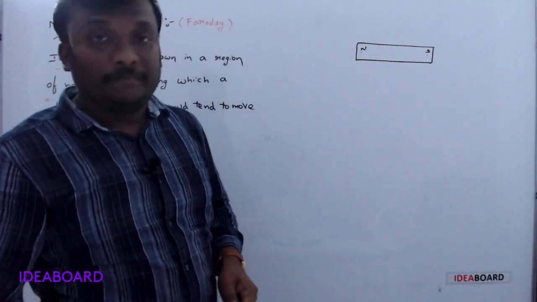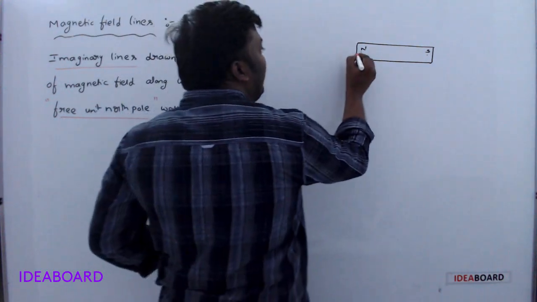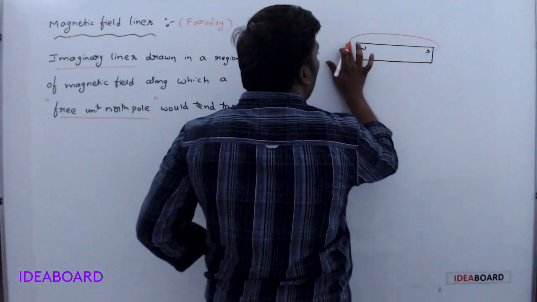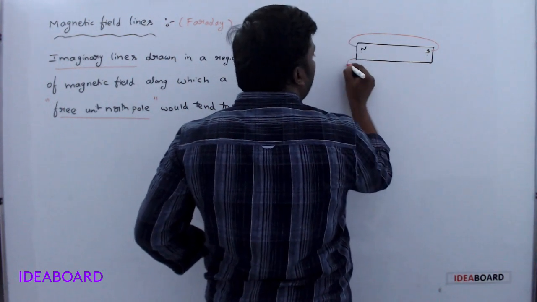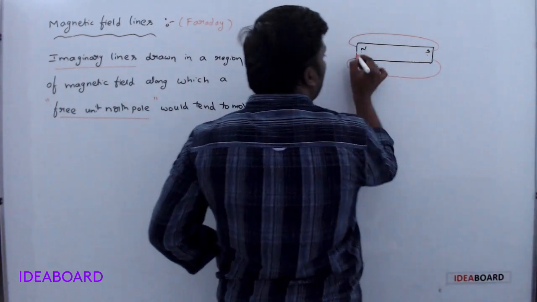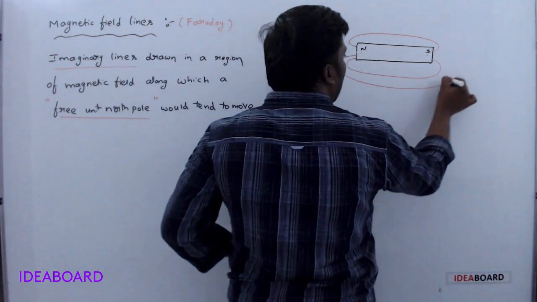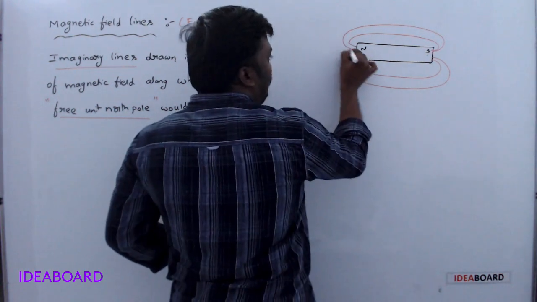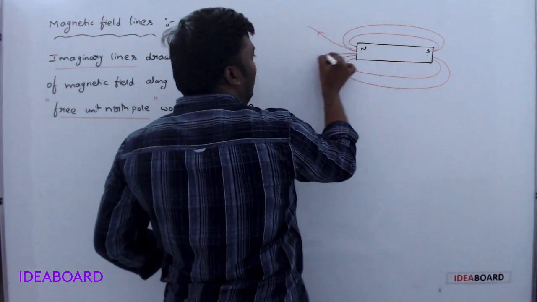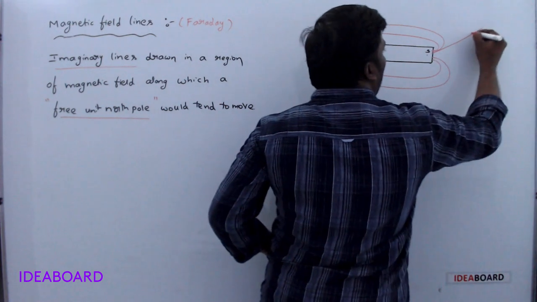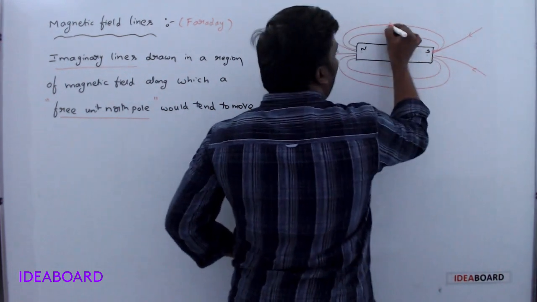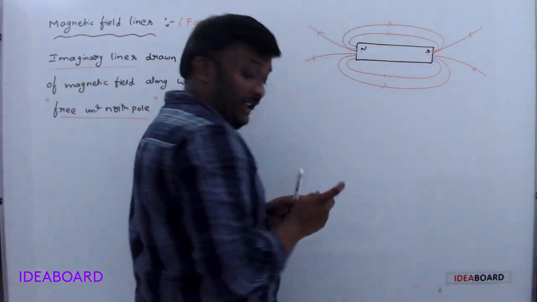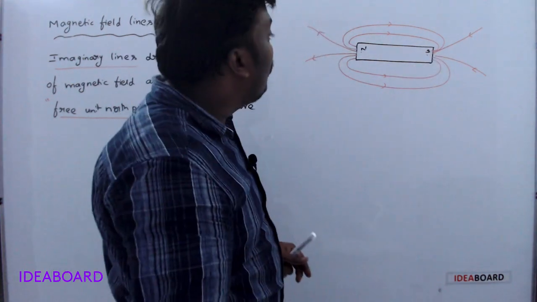Here the magnetic field lines outside go from north to south everywhere, and inside the magnet it is always from south to north.